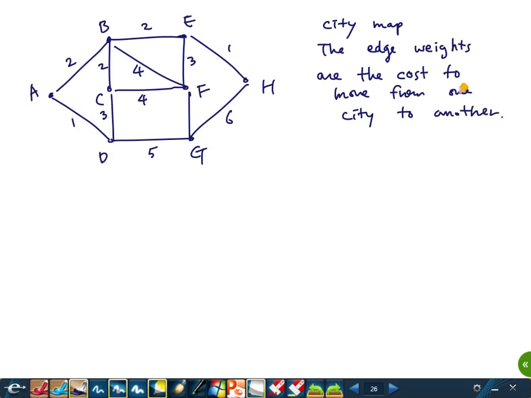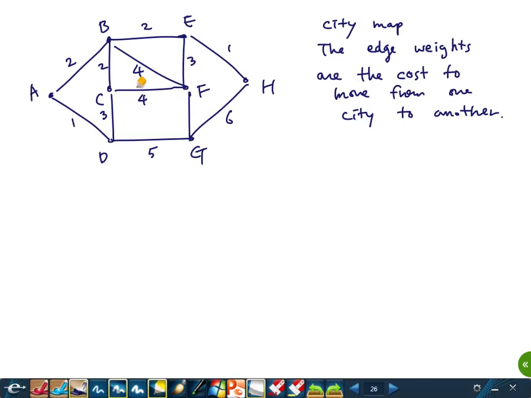Maybe you are traveling in a foreign country, and you are in this city and you want to go to a different city, and you take a bus or subway or train. But if you want to go from one city to another, you have to pay some transportation fee that are recorded like this.